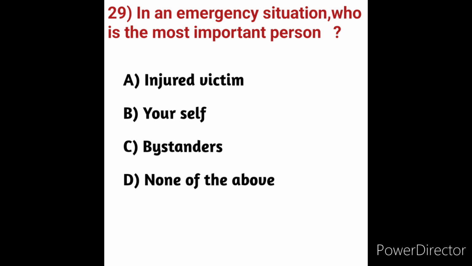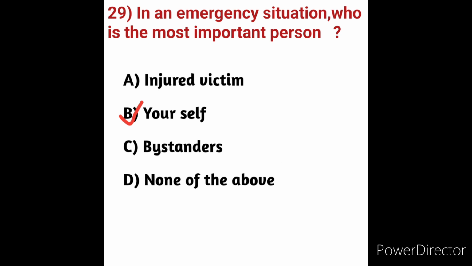What is the meaning of bystanders? A bystander is a person who is standing near and sees something that happens without being involved. So here yourself is the correct answer. In an emergency situation, the most important person is yourself. Option B is the correct answer here.